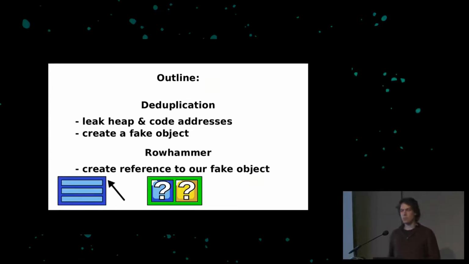This fake object will allow us to do arbitrary reads and arbitrary writes in memory. But we have a problem. JavaScript, of course, doesn't allow us to create references to this fake object. It's just in data. So we will use Rowhammer to flip a bit in a pointer and point this pointer to our fake object, and then we can basically take over the process.